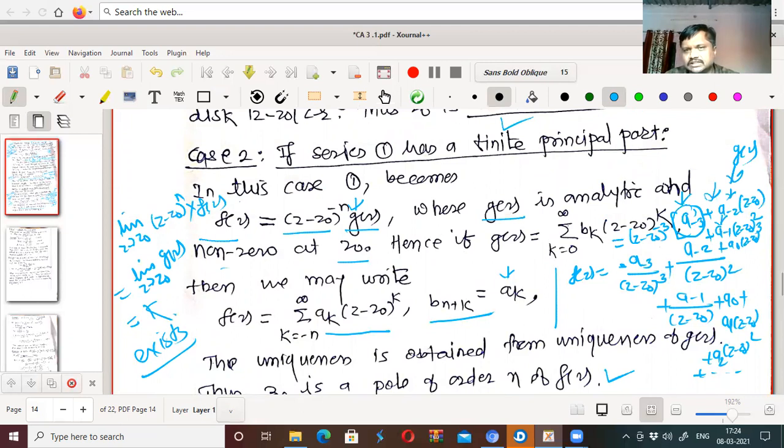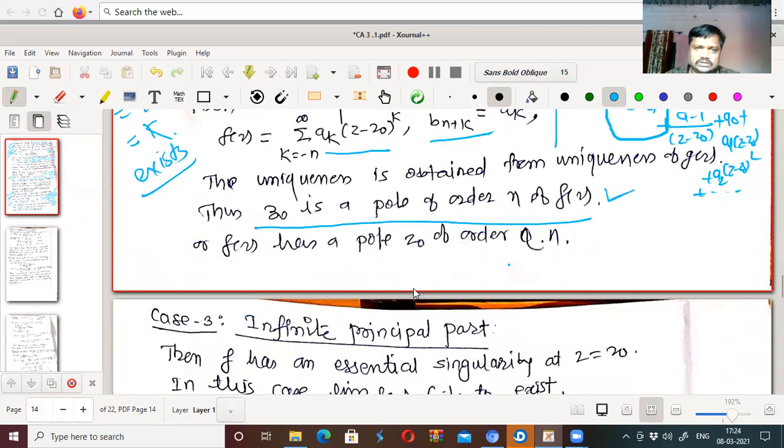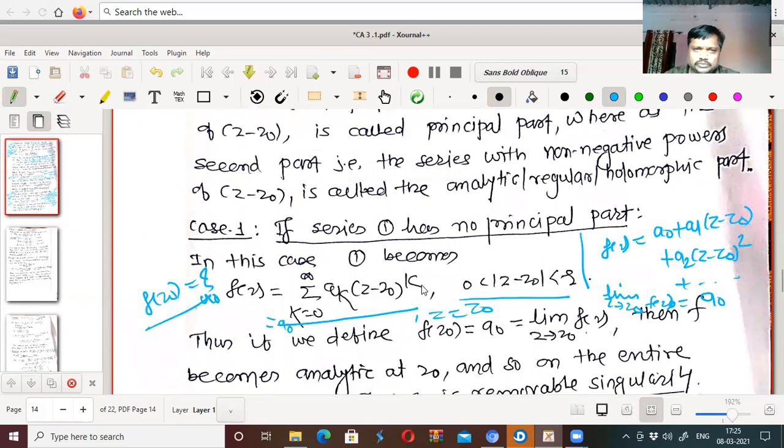If this is not there, then f has a pole at z0 of order 2.